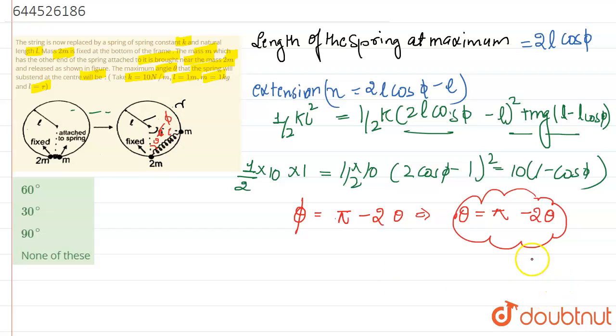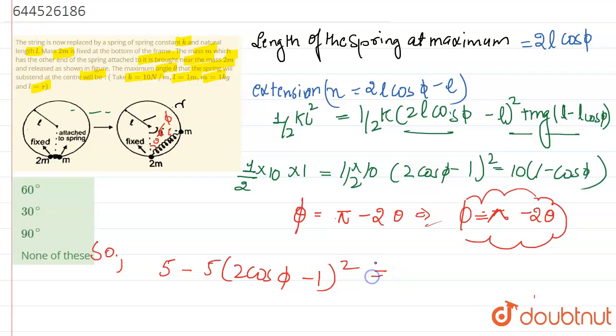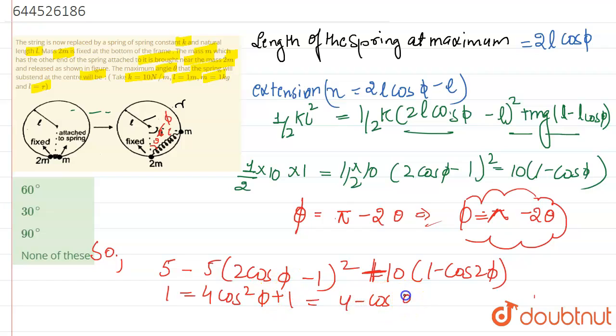You can also write it as phi. Again, phi is equal to pi minus 2 theta. So putting the values, you will get 5 minus 5 (2 cos phi minus 1) whole square plus 10 (1 minus cos phi). Clear? So it will become 1 is equal to 4 cos square phi plus 1 is equal to 4 minus cos phi.